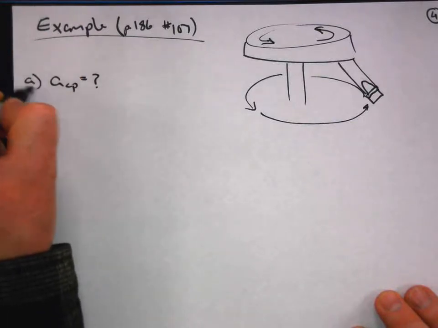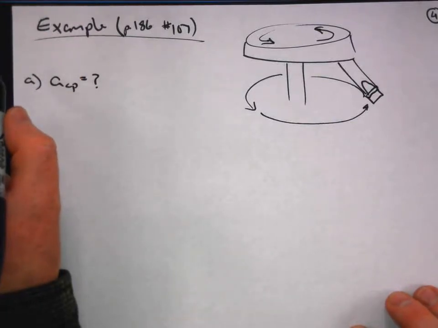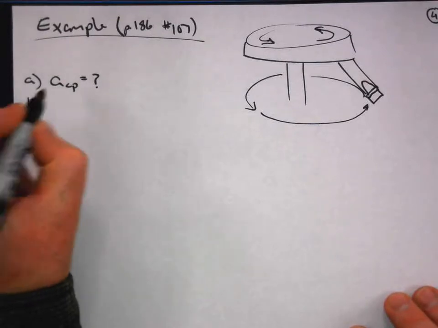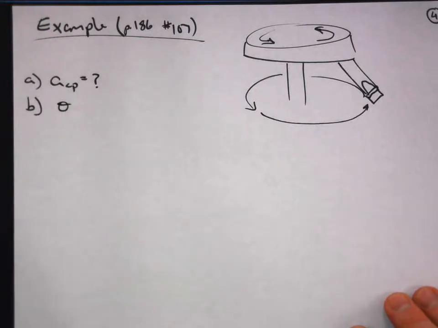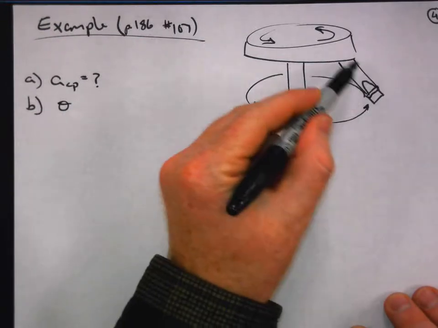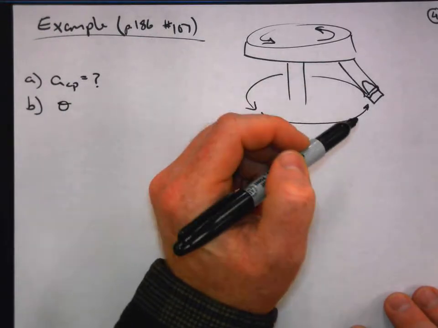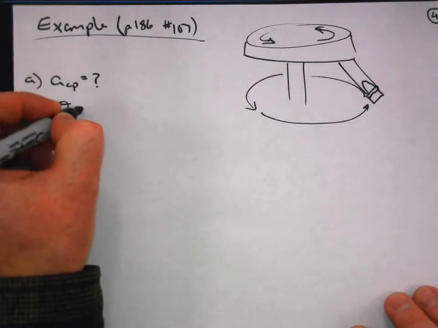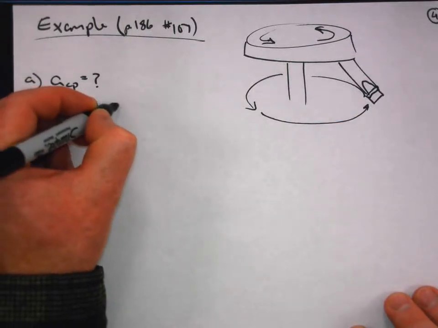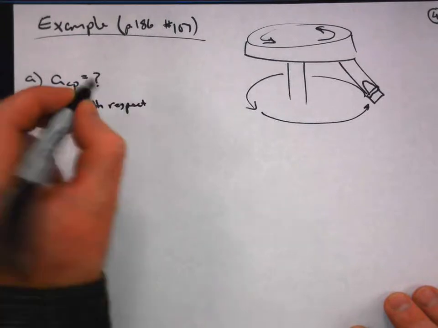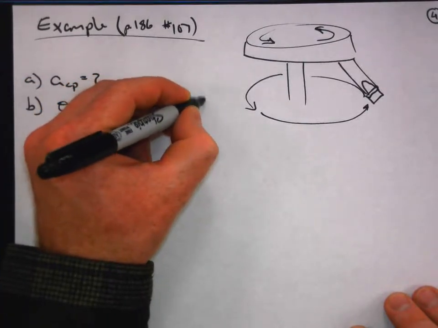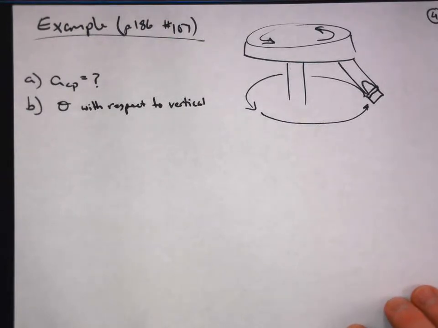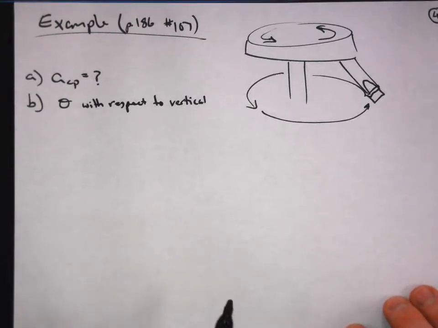That's going to be part A. And we're also going to be asked in part B, what is the angle theta that these support chains make with the vertical? And that's where the different perspective is going to come in handy.